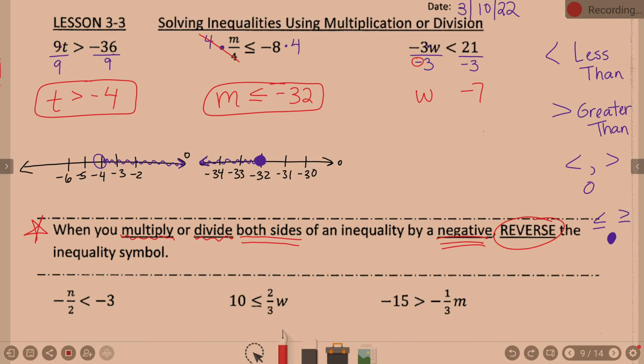Negative 3. I don't care about what the 21 was. I don't care what kind of answer the 7 is. I care about the fact I divided by a negative 3. So my less than becomes greater than. I was right. I didn't have to erase. That's going to be the trick you're going to have to watch out for here. When you divide by a negative or multiply by a negative, change the sign.